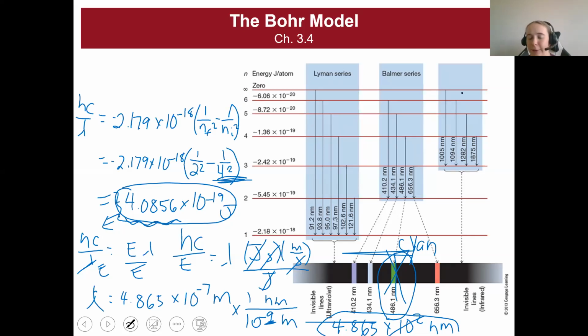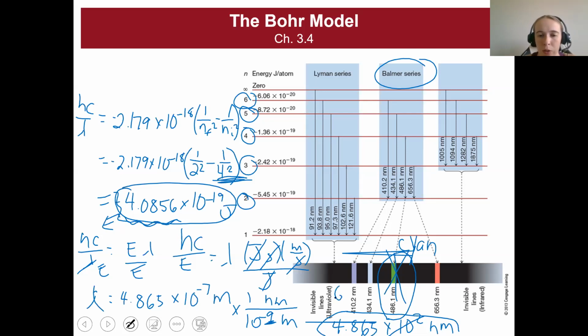But back on topic here, these lines of the hydrogen emission spectrum, the visible lines, are called the Balmer series, but there are also invisible lines that we can't see that correspond to the change in other energy levels. So the Balmer series is n equals 6 to n equals 2, n equals 5 to n equals 2, n equals 4 to n equals 2, and n equals 3 to n equals 2.